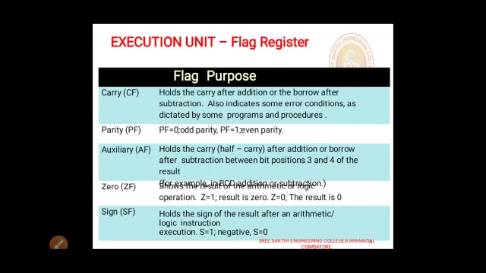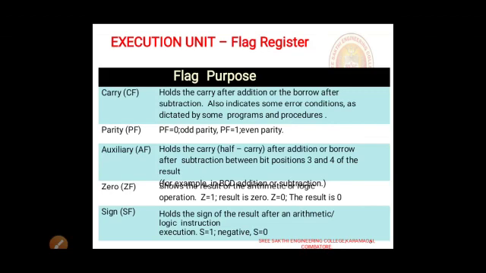Next one is the parity flag. If PF equal to 1, even parity is selected. If PF equal to 0, then odd parity is selected. Next one is the auxiliary carry, AF. Auxiliary carry is set when the output of an arithmetic operation has a carry bit at the LSB bits.